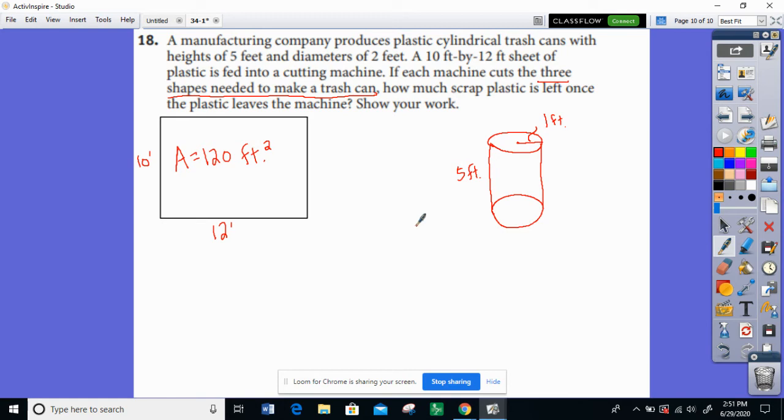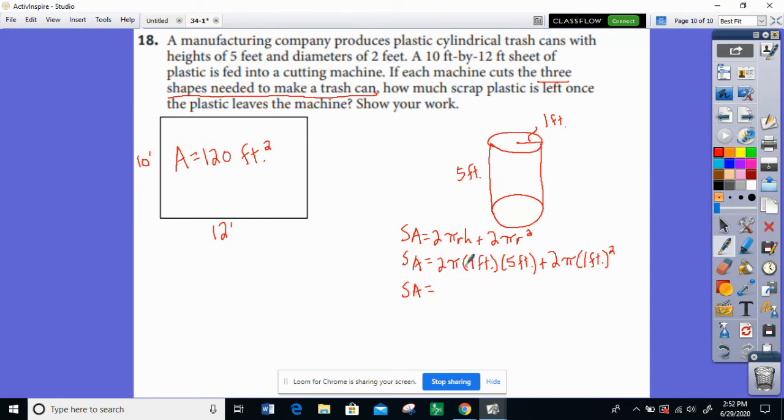So let's work out what the total surface area would be. That would be 2 pi r h plus 2 pi r squared. So that's going to be 2 times pi times the radius 1 foot times the height 5 feet plus 2 times pi times the radius 1 foot squared.